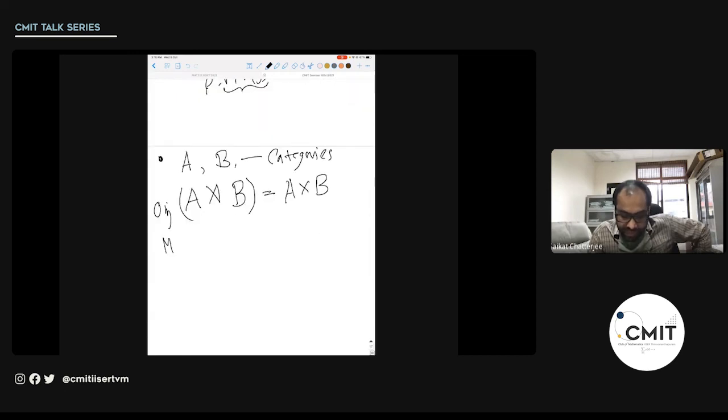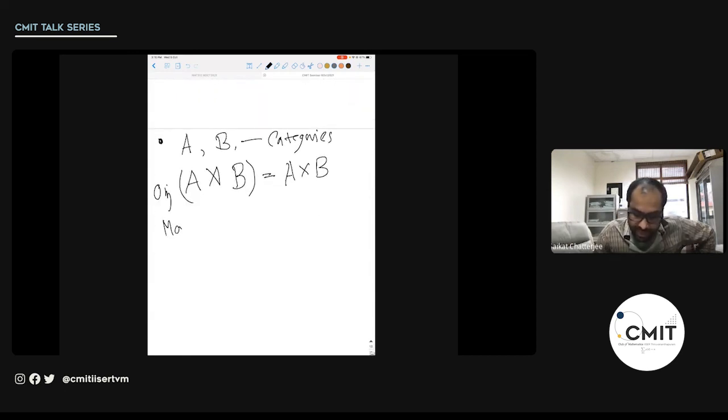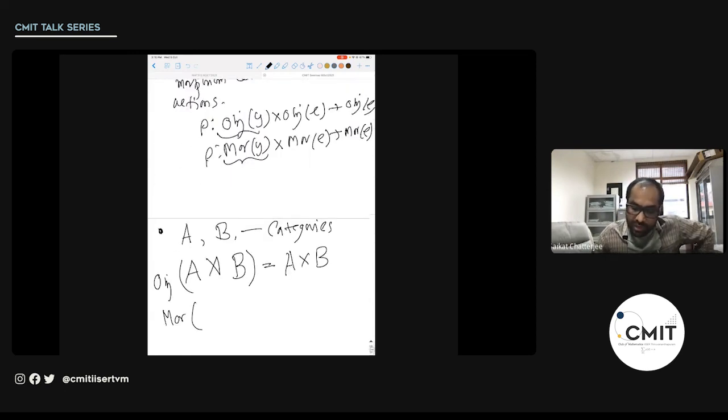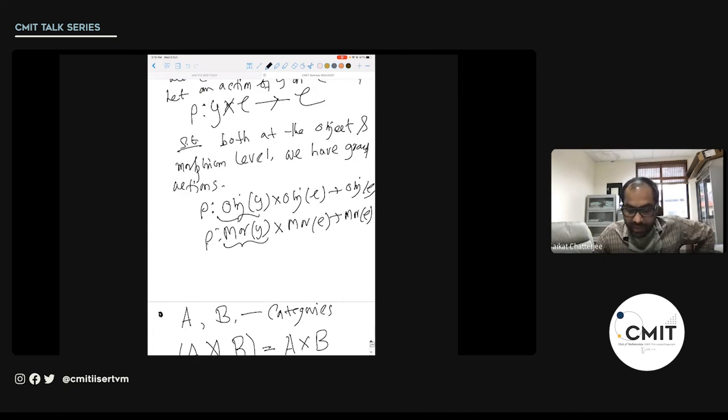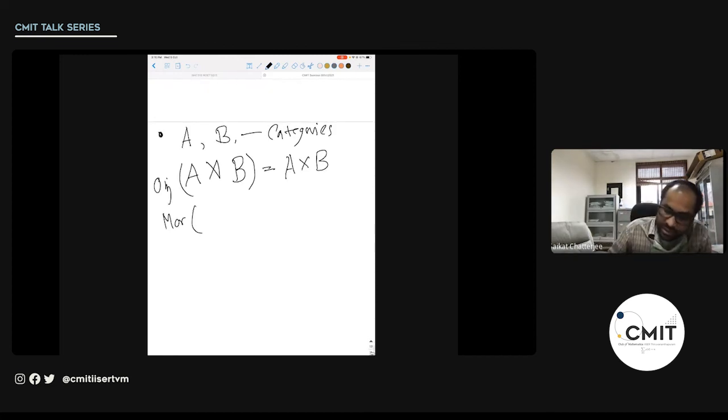So we can further relax this. We still want to talk about this thing: at the object level we have an action, at the morphism level we have an action. So instead of taking the direct product of categories, let us write this properly.